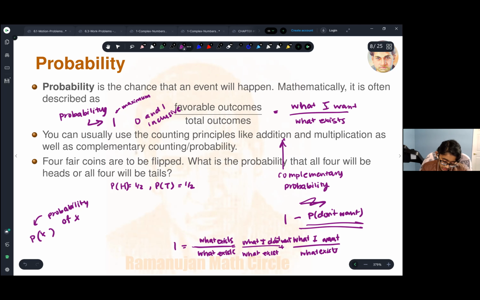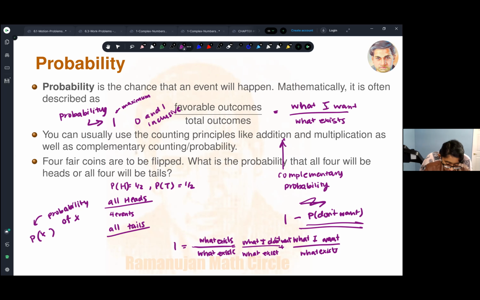So we want the probability that, so we're going to split it into 2 cases, all heads and all tails. For all heads, we're going to have 4 events, and each of the 4 events is 1 flip.